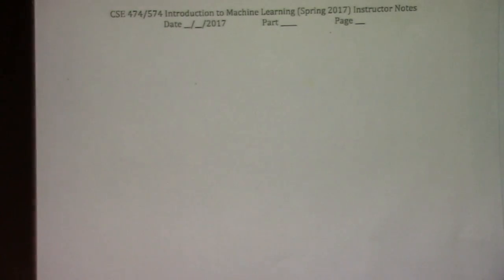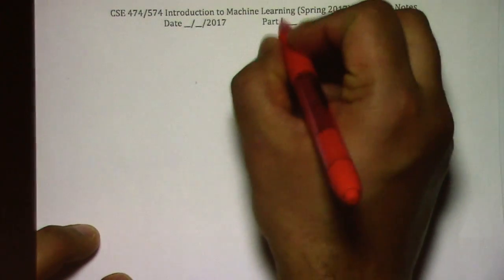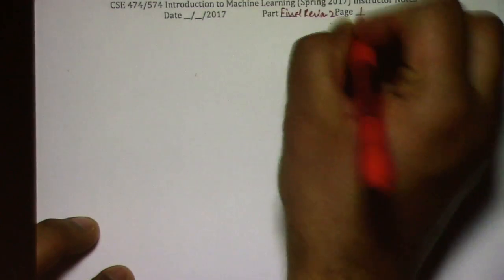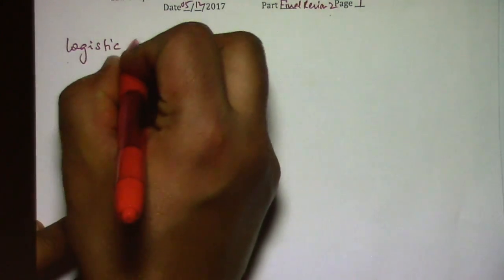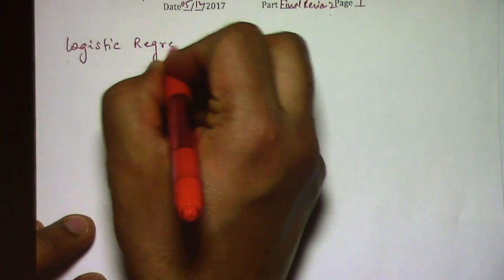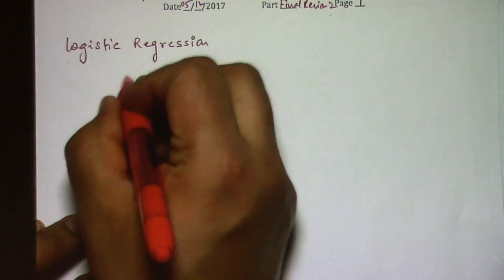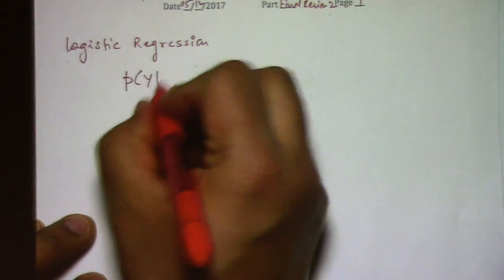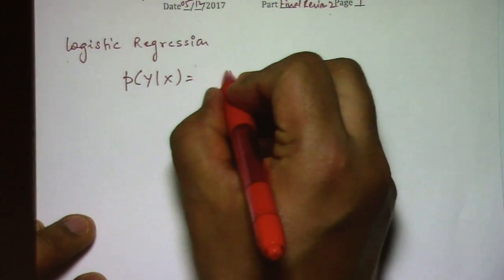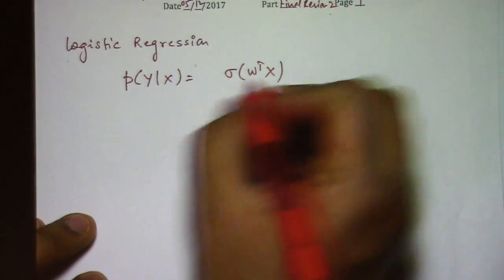So let's think of logistic regression. In logistic regression, we say that p(y given x) is sigmoid of w transpose x.